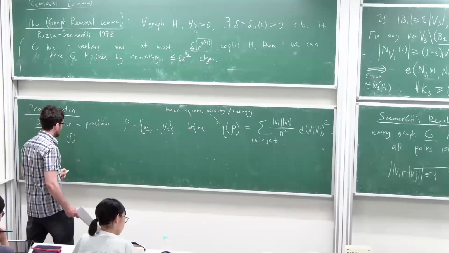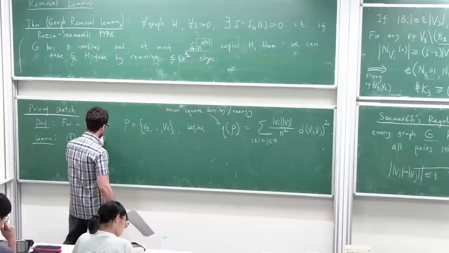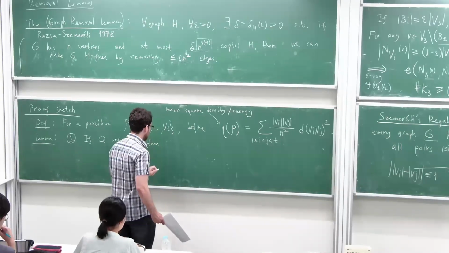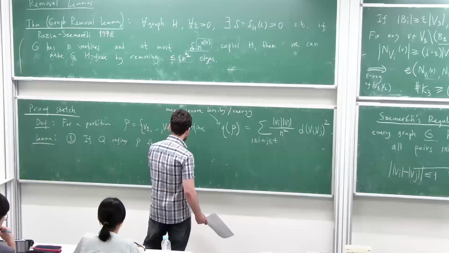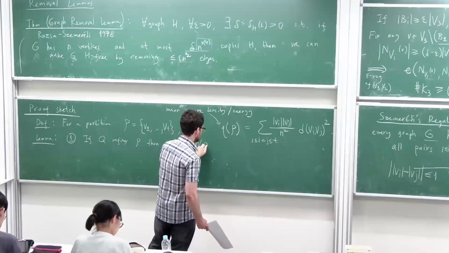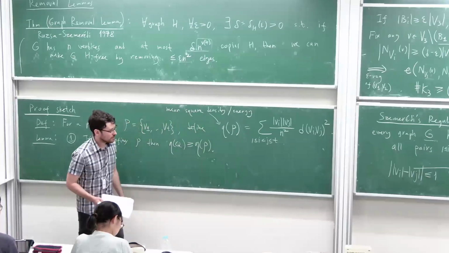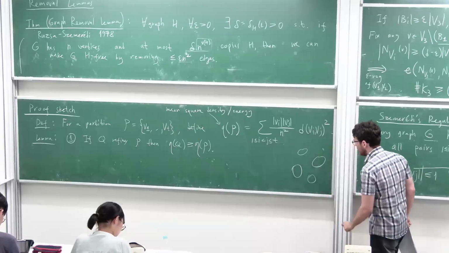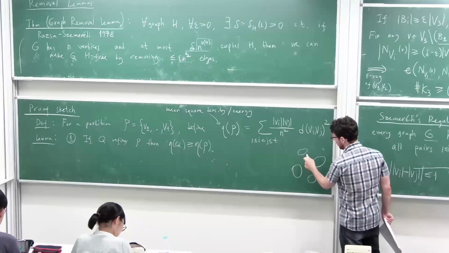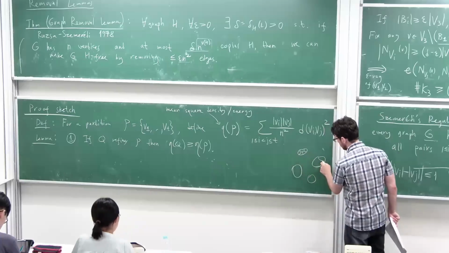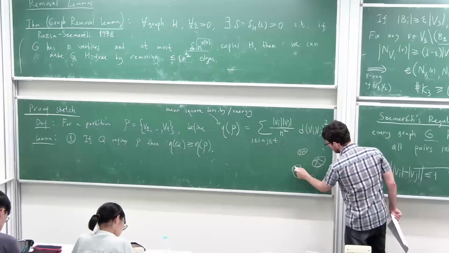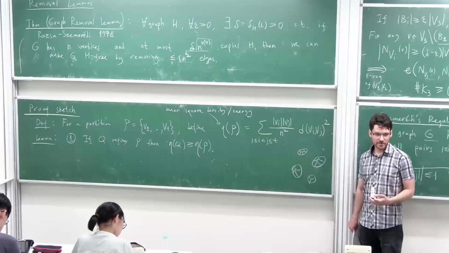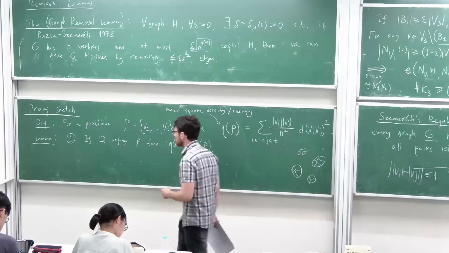First of all, if Q refines P, then the energy of Q is at least the energy of P. So if I have some partition P, and then I take a refinement, which means I take each of these parts and break it down, and this is now Q, then the energy does not decrease, it can only increase. So this is the first important property.